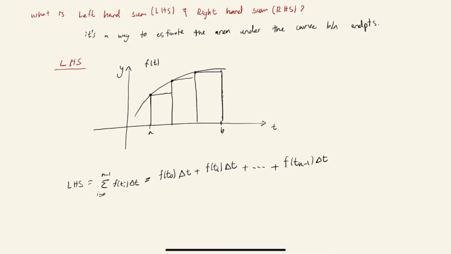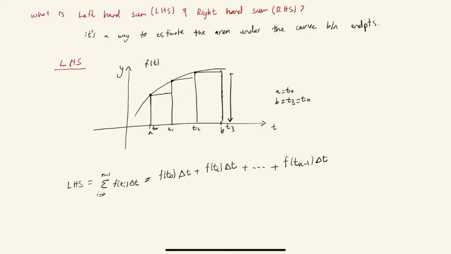Now let's label our t-axis and y-axis to figure out how to find these values. Starting at a, we have t naught, and then t1, t2, and at b we have t3. Notice at a it's the same as t naught, and at b it's the same as t3, which is equal to t n.